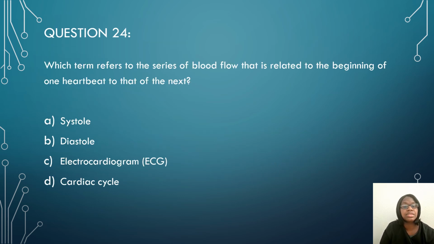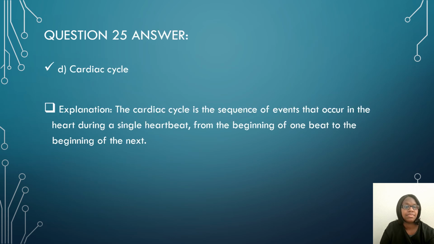Which term refers to the series of blood flow that is related to the beginning of one heartbeat to that of the next? Cardiac cycle, which is going to be the sequence of events that occur in the heart during a single heartbeat from the beginning of one beat to the beginning of the next beat.